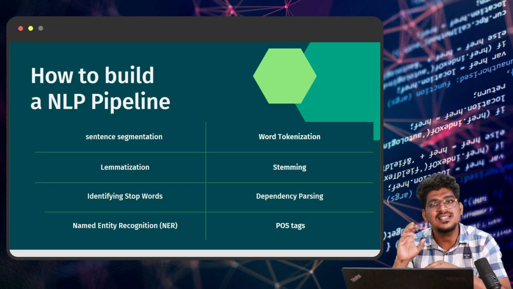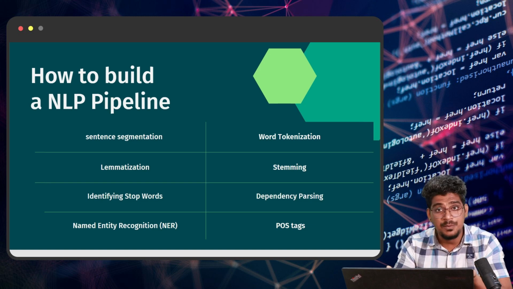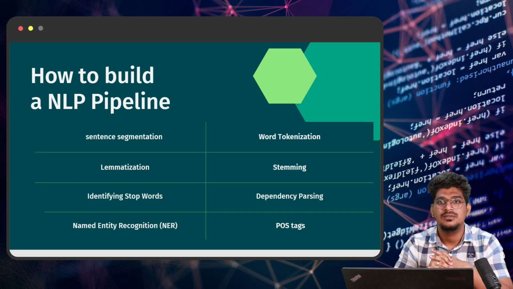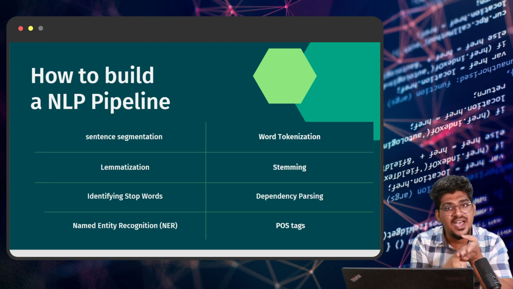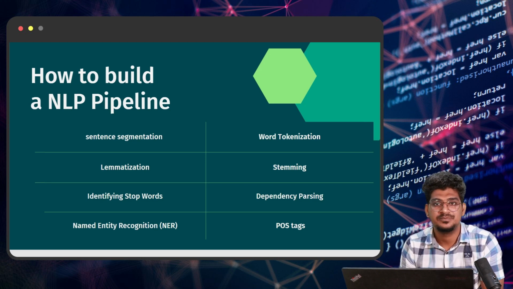So we are going to make the keywords with the help of lemmatization, stemming, word tokenization, and sentence segmentation, for the computer to understand human language. The stop words are like is, was, there, or, that, where. So we need to clear them out.